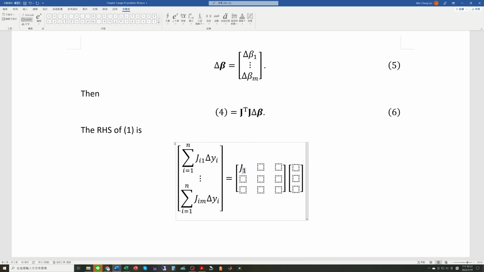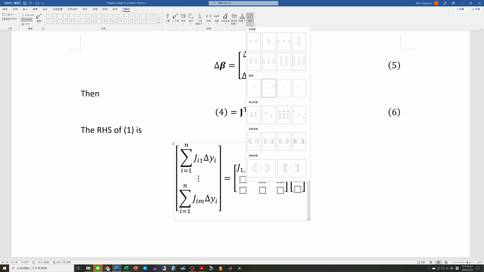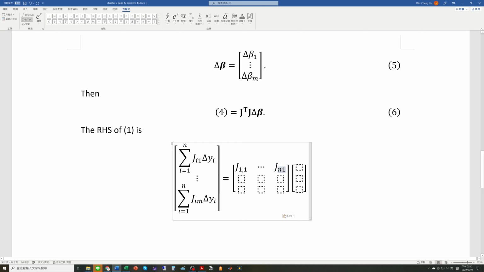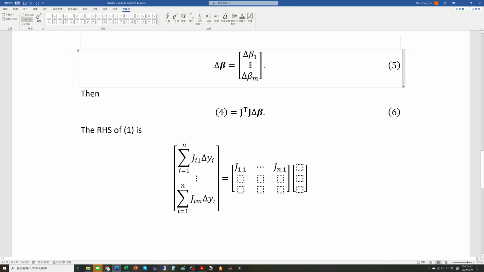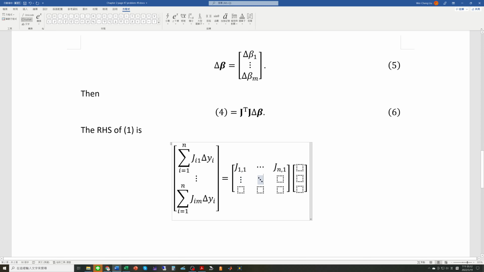So this should be J11. And next this should be horizontal dots. And the last element is also Ji1, where I is equal to n. Like this, and so on. So we can input vertical dots here, and here is diagonal dots, and here is the vertical dots.